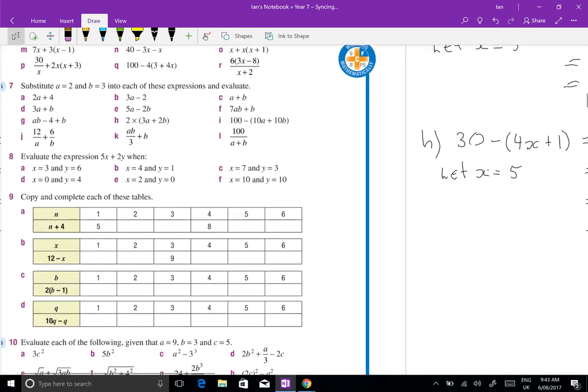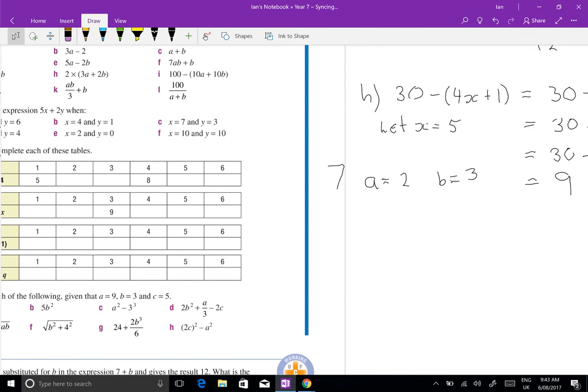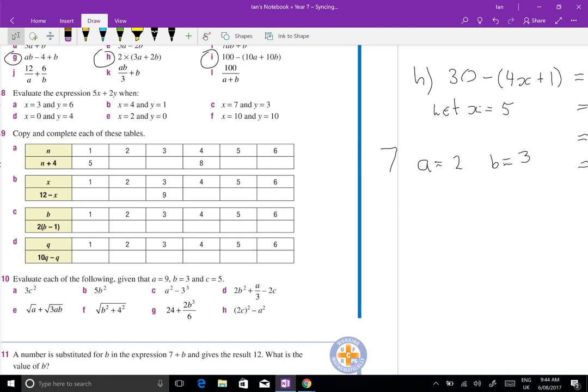What about when we have two values? So take 7. And we're going to let A equal 2 and B equal 3 into all these expressions. Well, here we go. Let's try some hard ones. We'll try G, H, and I. So in G, what have I got?